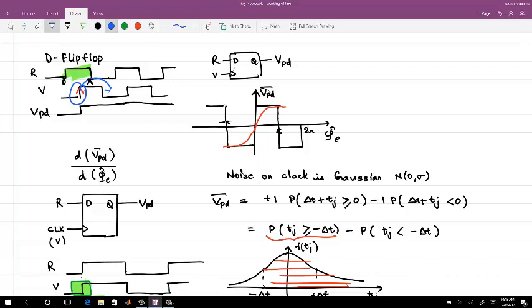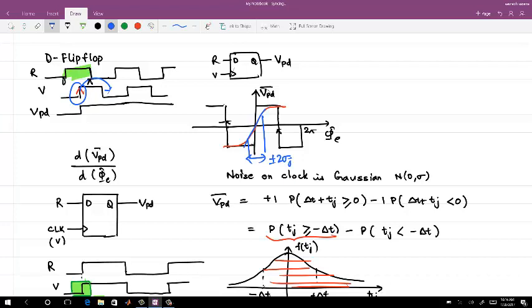It will not have a whole linear range; it will have a linear range in a limited part. That linear range is dependent on your sigma jitter. Most of the time we take plus minus 2 sigma j as the approximated linear range of this phase error detector.